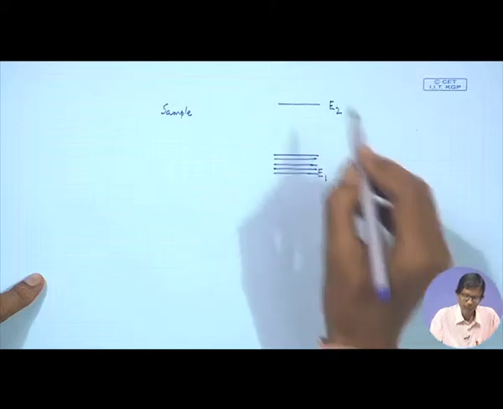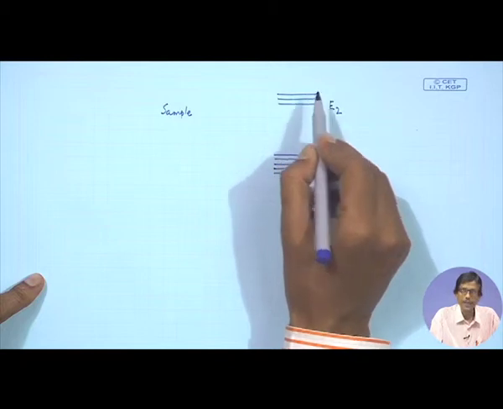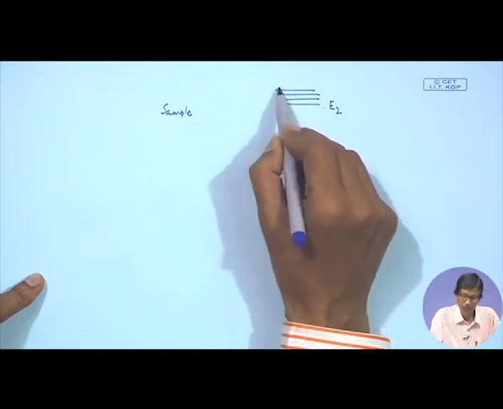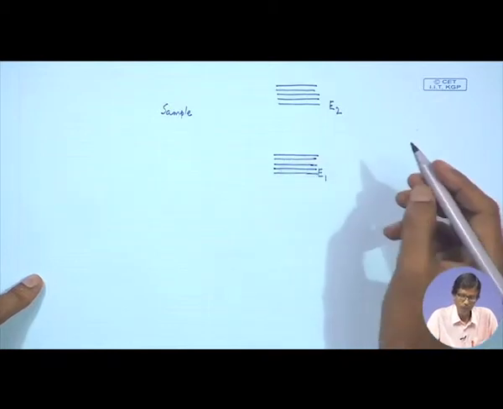Similarly, here also in the upper excited state, you can have different vibrational levels: V0, V1, V2, V3 and V4.